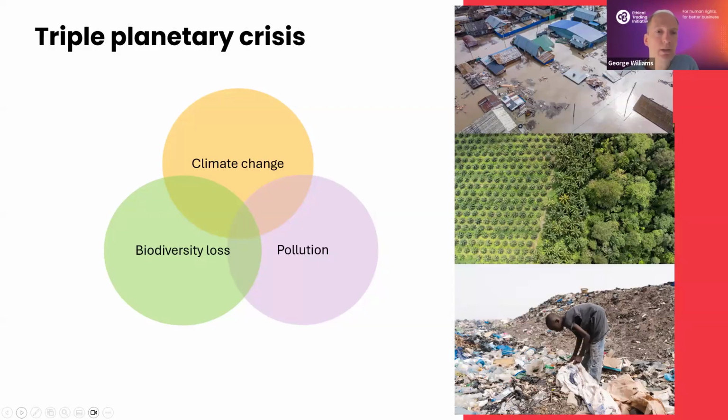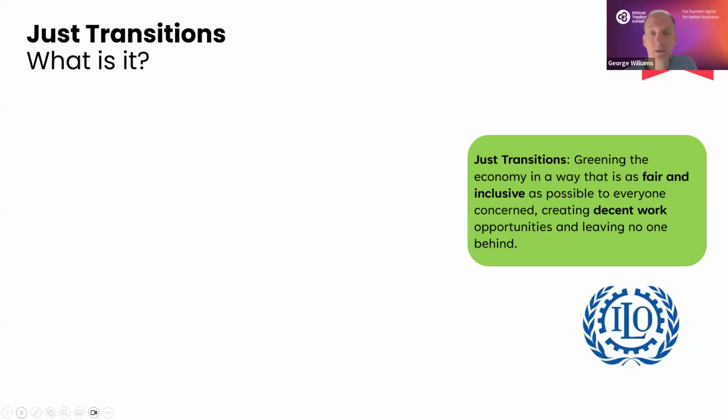So if we begin to bring these notions together, the notion of just transitions and the triple planetary crisis, we'll see on the next slide one of the definitions that's come out of the ILO in terms of just transitions, which I think is a really helpful one.